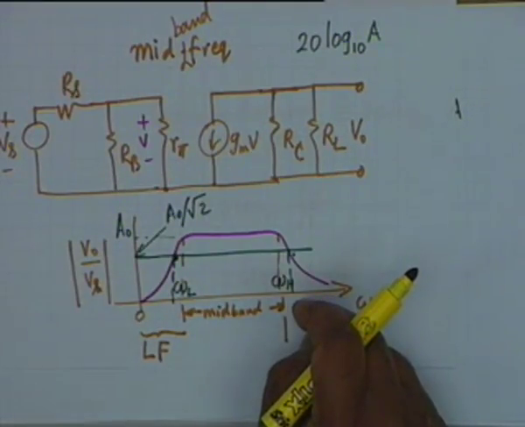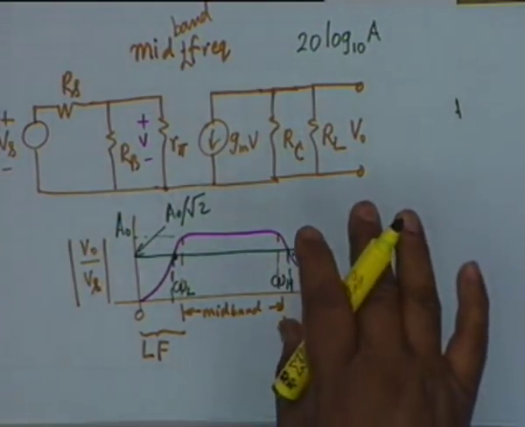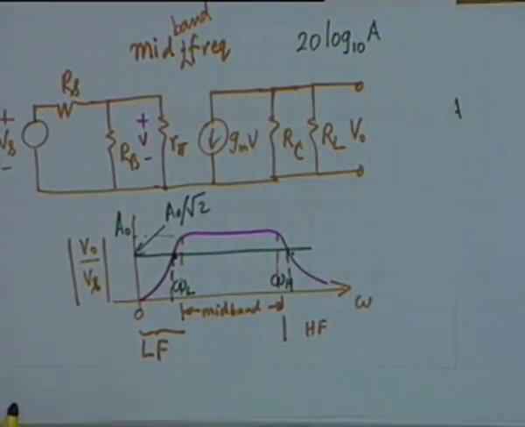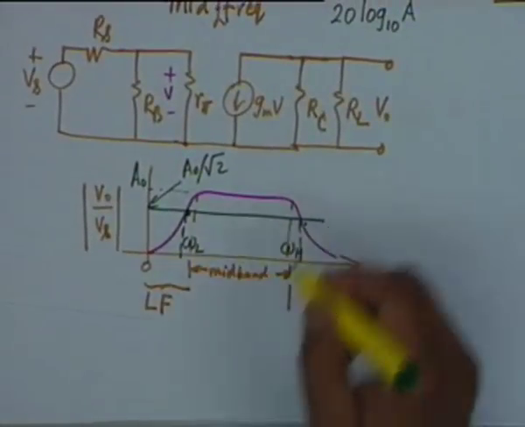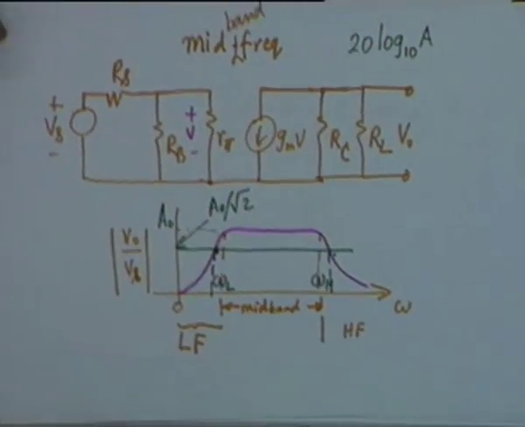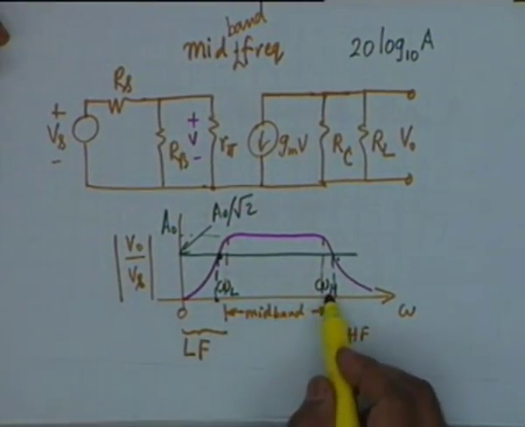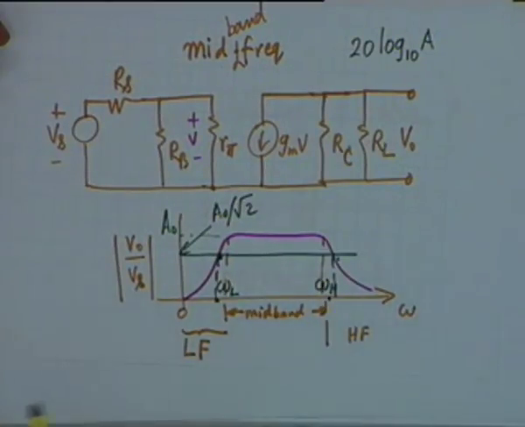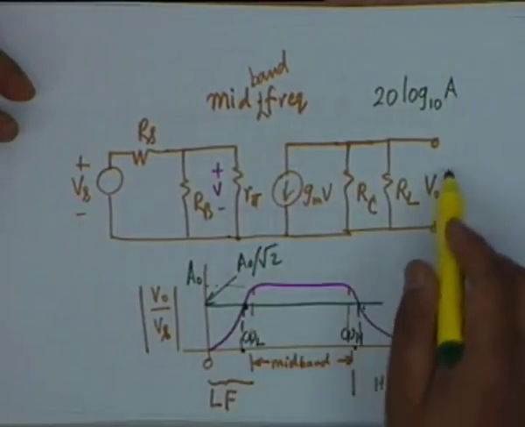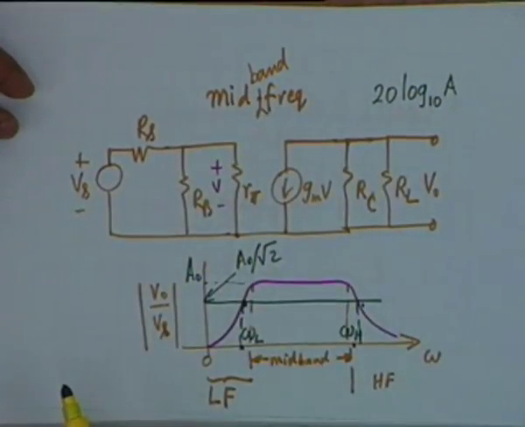That is the frequencies at which the gain is down by 3 decibels, 3 dB points, omega L and omega H. All right, we shall calculate what omega L and what omega H is for the RC coupled amplifier, but at the present time we are concerned with the calculation of the mid-band gain.